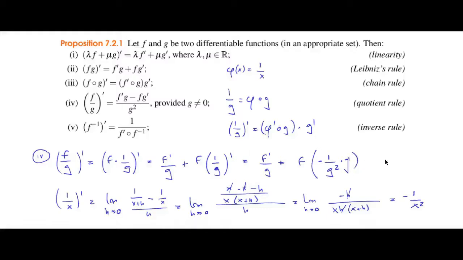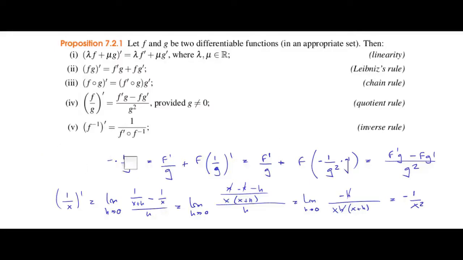And so this is f prime over g minus f times g prime over g squared. If we want to take everything in the same denominator, we have g squared, and then we have f prime g minus f g prime, which is what we wanted to prove. Obviously provided that g is different from 0.